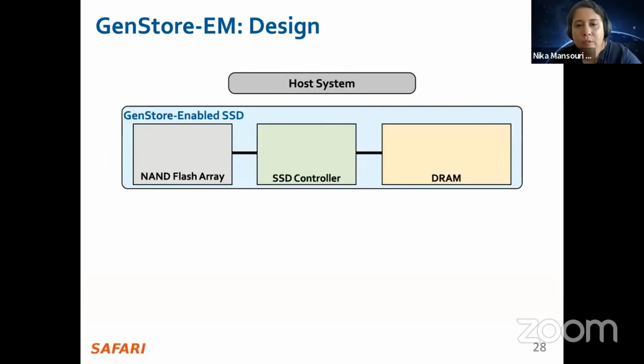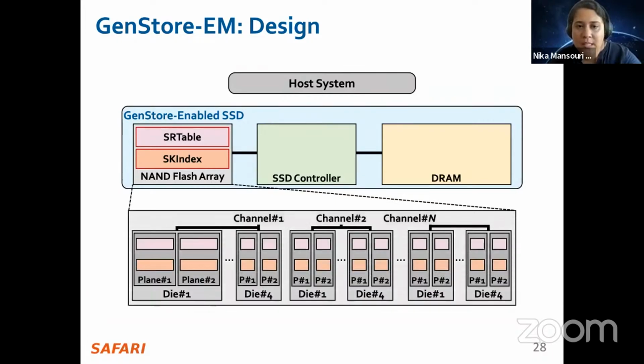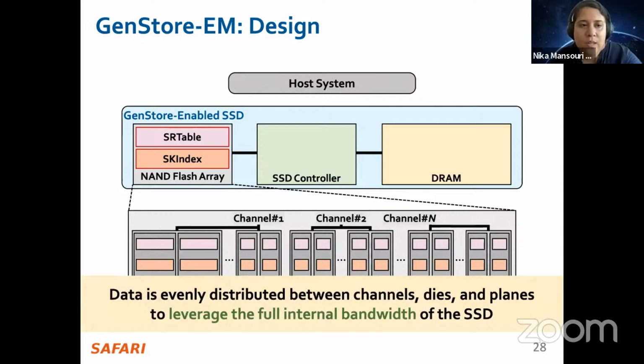Now I show the overall operation flow of GenStore EM with the sorted read table and sorted k-mer index in the NAND flash memory, distributed across all channels and dies, so that we can leverage the full internal bandwidth of the SSD. And then we have this comparator logic also located on the SSD controller. GenStore EM consists of two steps.